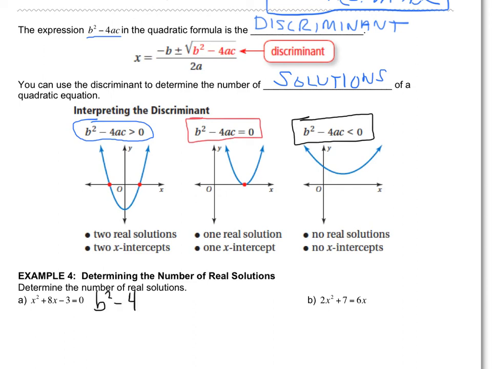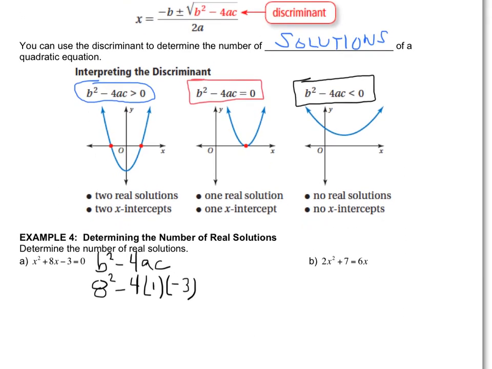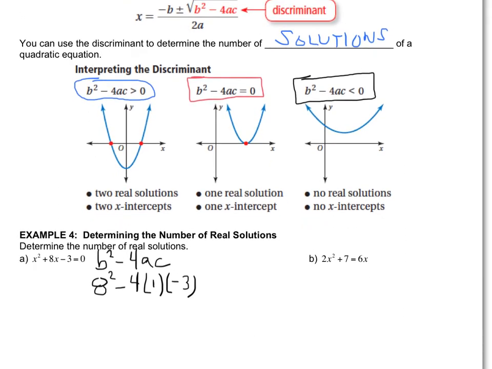They're not asking for what the solutions are, so we're going to take our discriminant. The b is 8, so 8 squared minus 4 times 1 times c, which is negative 3. When I combine these with my order of operations, I end up with 8 squared, which is 64.